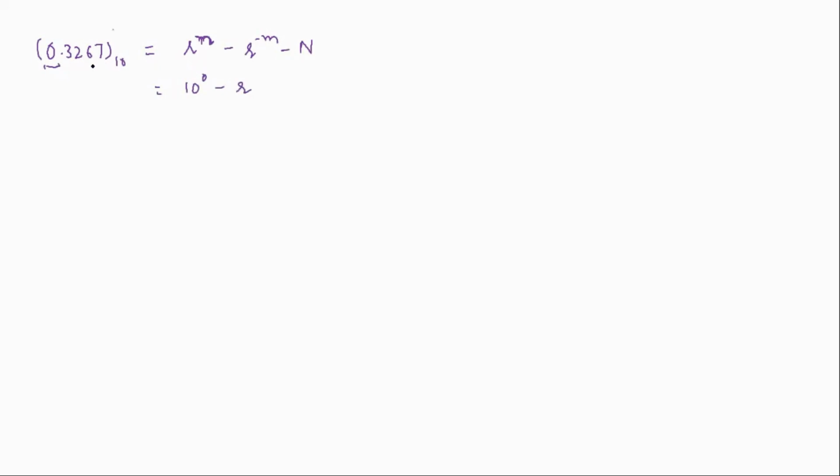Now you have 4 fractional digits, so this becomes 10 raised to power minus 4. From here you get 1 minus 10 raised to power minus 4 minus 0.3267. This gives you 0.6732. This is how you can find the ones complement of any number.